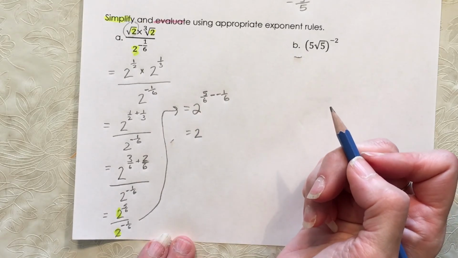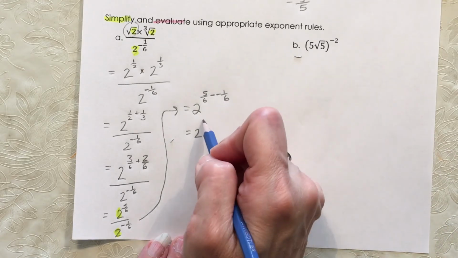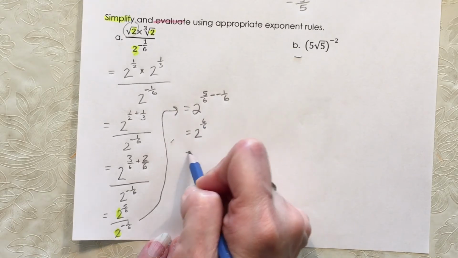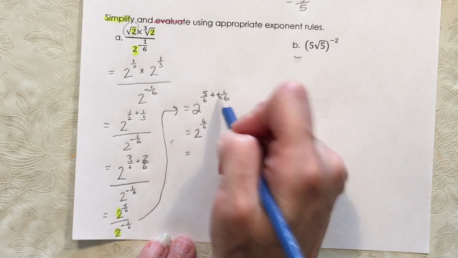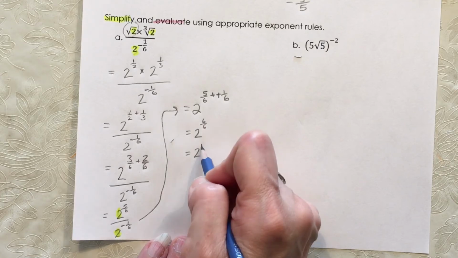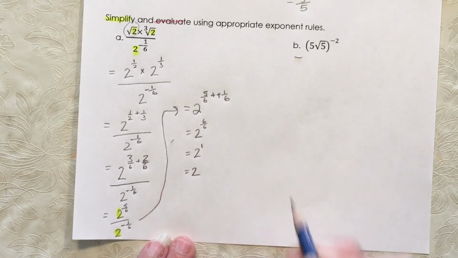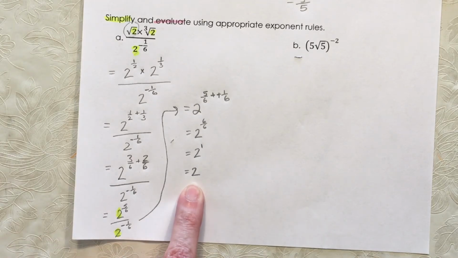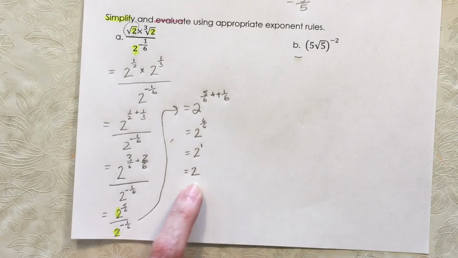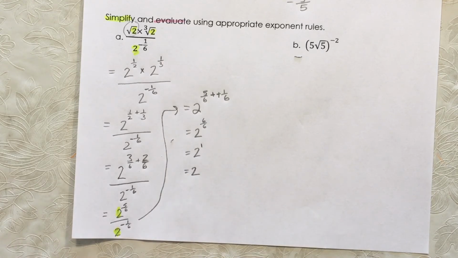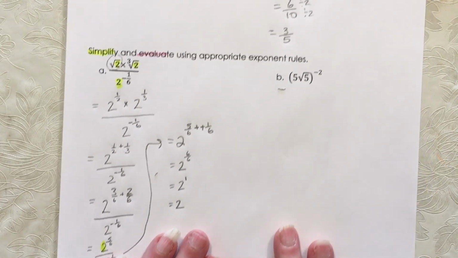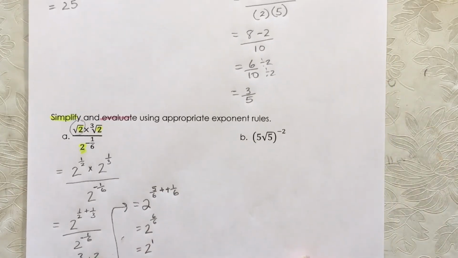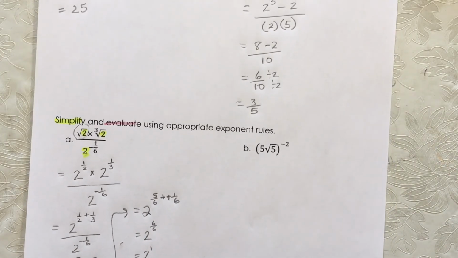So 5/6 minus negative 1/6 is 2 to the 6/6, because you end up adding when you subtract a negative, which is 2 to the 1, which is 2. So by simplifying, we were able to evaluate and get an exact answer of 2 without going to our calculator and approximating. So we'll see if that happens here as well.